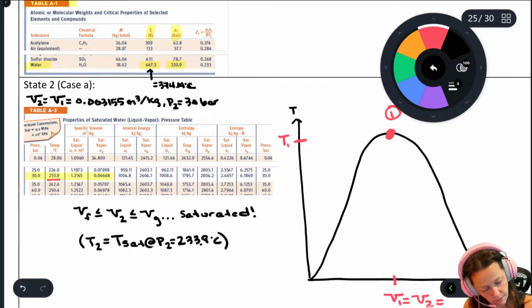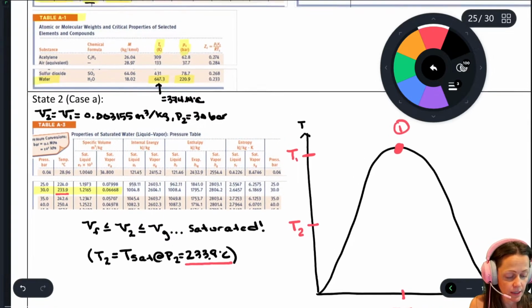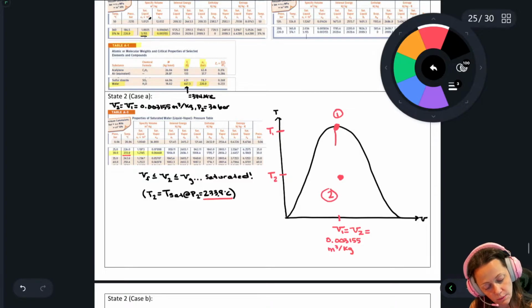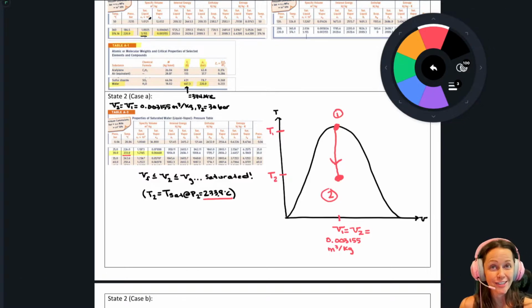T1 was 374 and change. I've labeled it elsewhere, so I'm good there. And it's just going to go straight down. So there's case A.